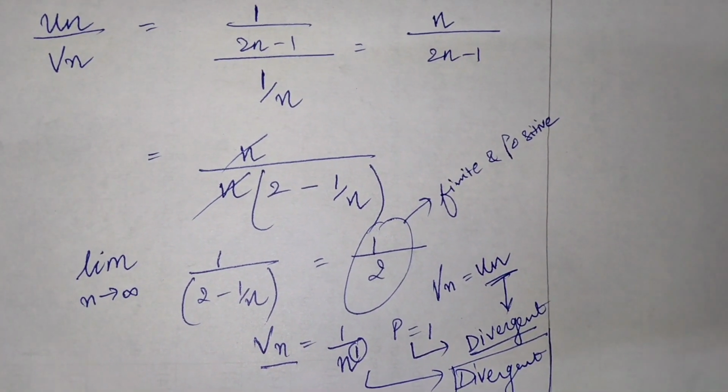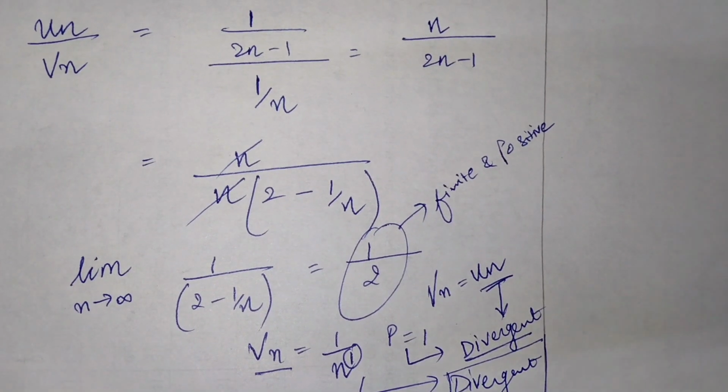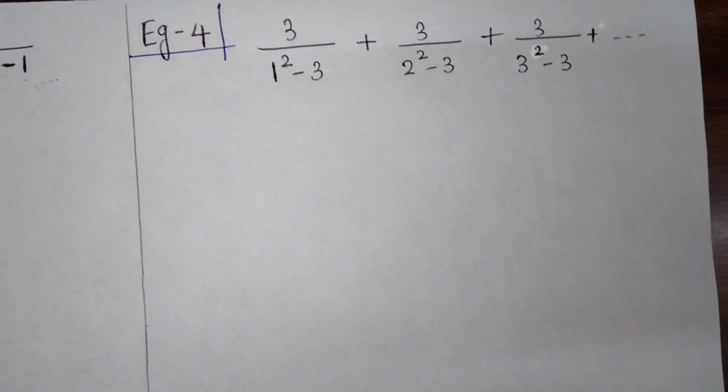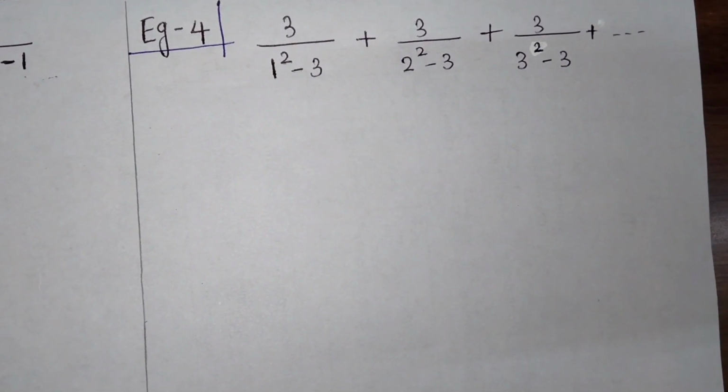So now moving towards example 4. Okay, example 4. 3 upon 1 square minus 3 plus 3 upon 2 square minus 3 plus 3 divided by 3 square minus 3, and so on. So from this series we can easily find out Un.